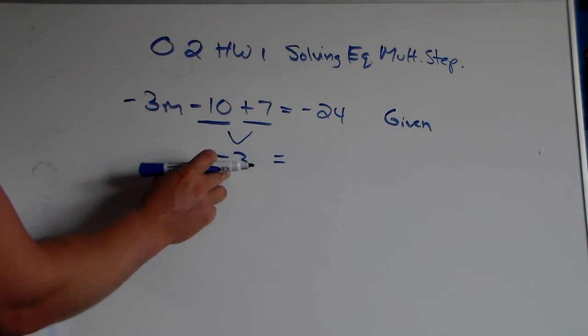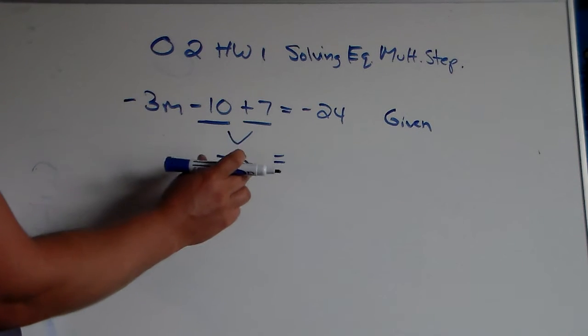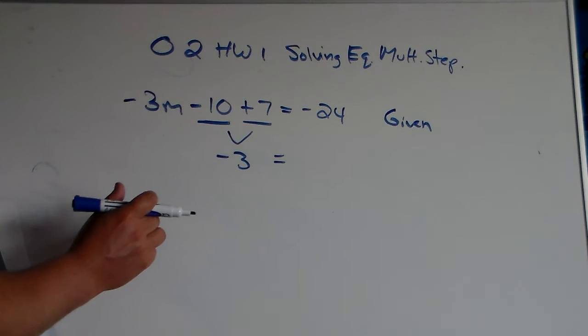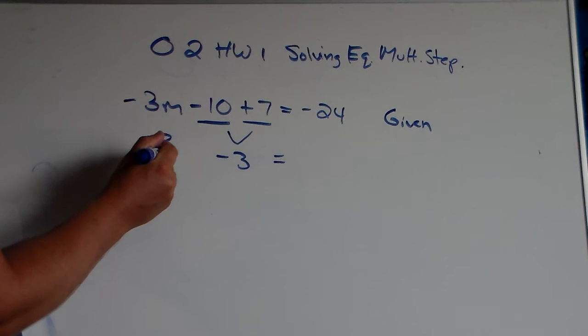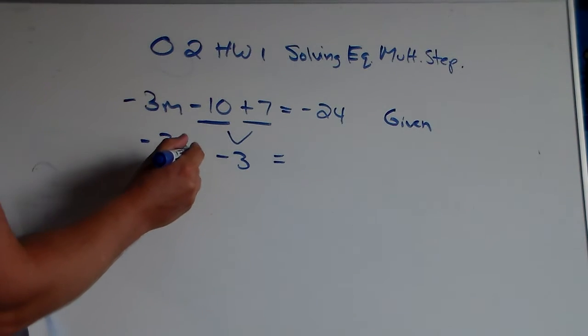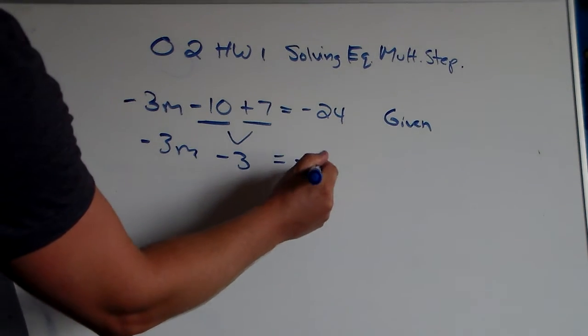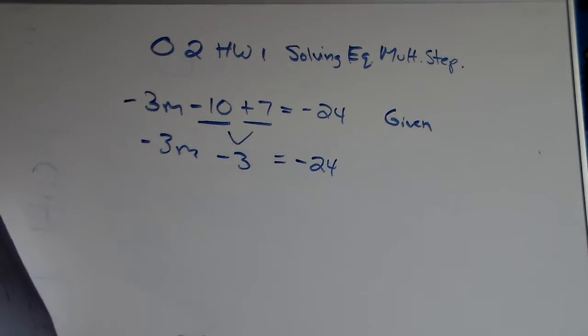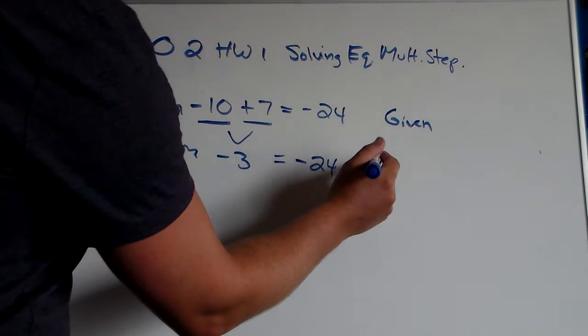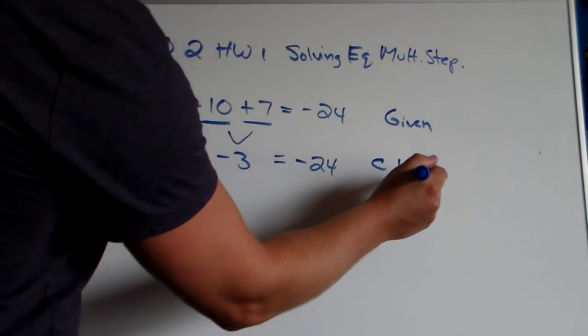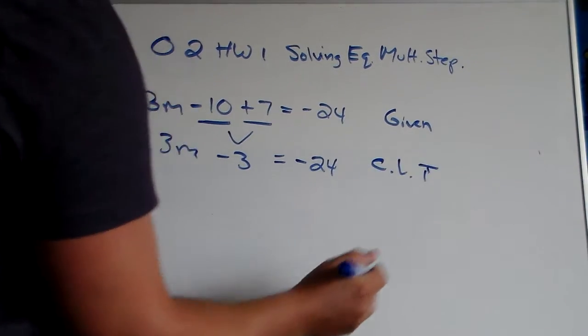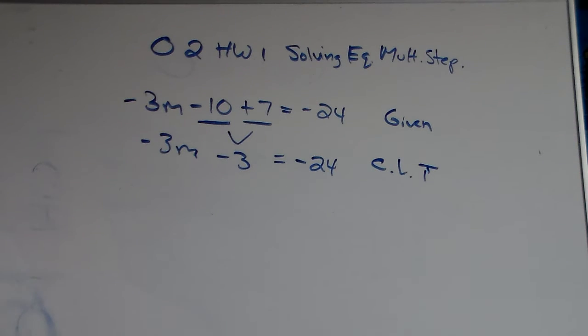We're taking two terms that are alike and making the problem simpler. We carry down our 3m. So we have negative 3m minus 3 equals negative 24. And what we did was combine like terms for that step.